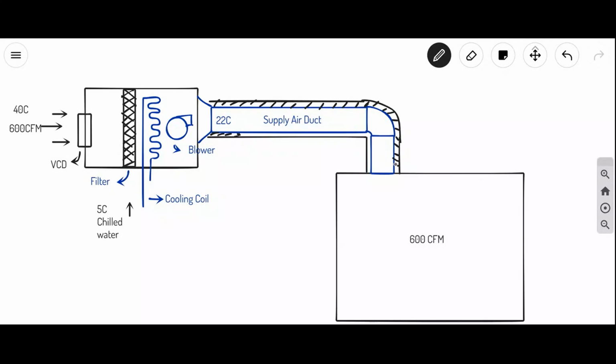Fiberglass. Aluminum cladding also comes under insulation, sir. Aluminum cladding is a protector. Protector. Okay.